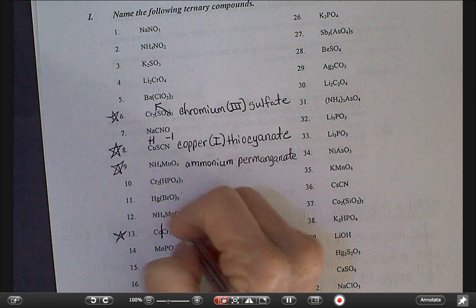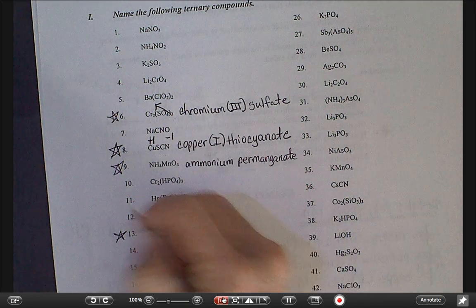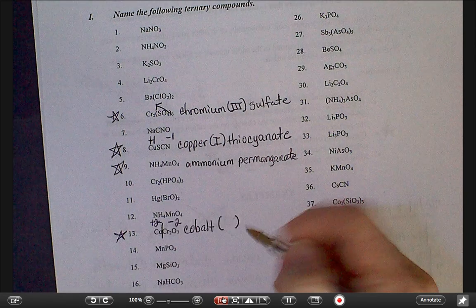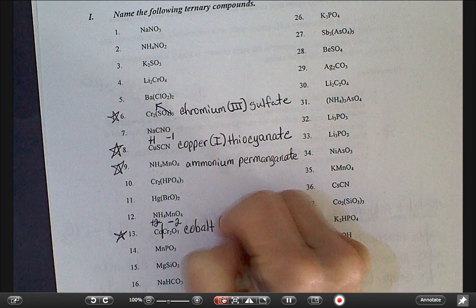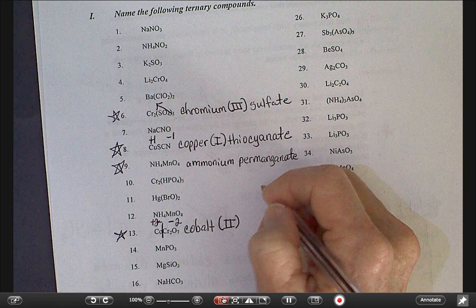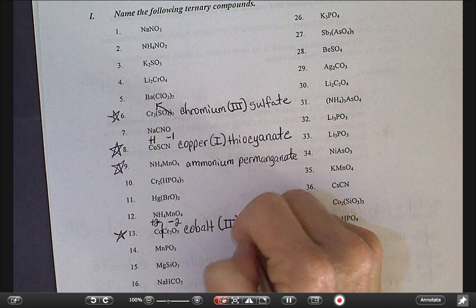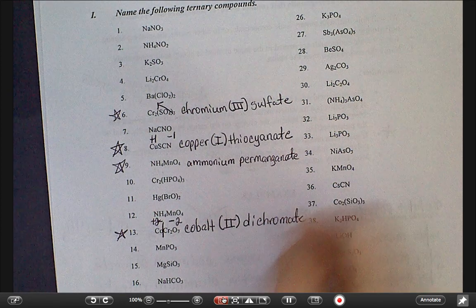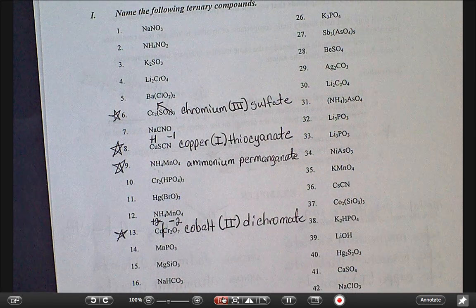So it's cobalt 2. That's right. If this was a -2, this one has to be a +2. So cobalt 2, who? Dichromate. Think you can handle it? All right.